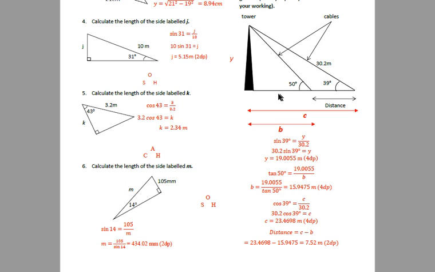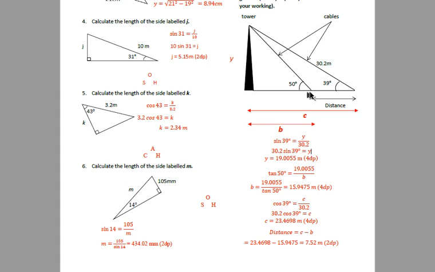We've got our opposite and our adjacent, so O and A. We'll use tan here, and we can figure out what that side is going to be. So we figured out our b side to be 15.9475.